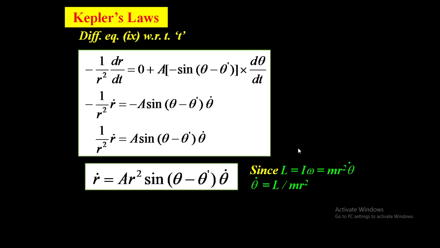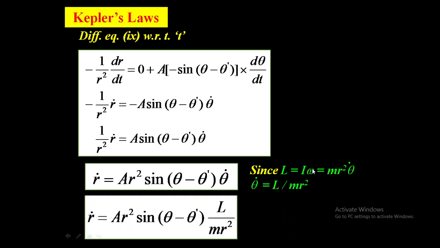So from this equation I can find out theta dot. Bringing mr square to that side, theta dot is nothing but L by mr square. So in place of theta dot I can write L by mr square.